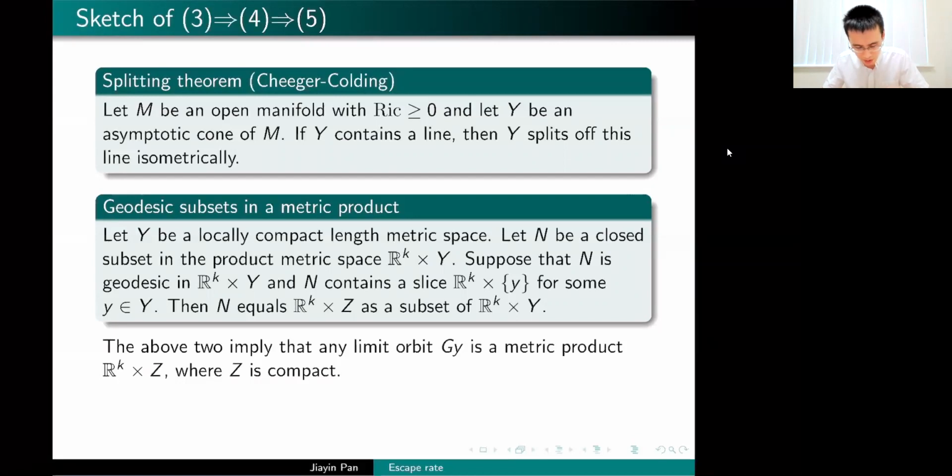The second ingredient is this lemma below, about geodesic sets in a metric product.